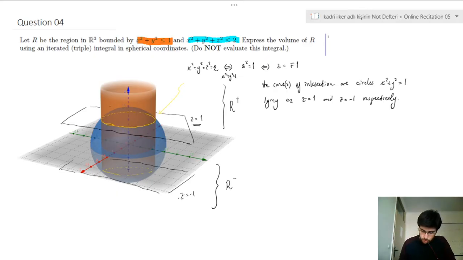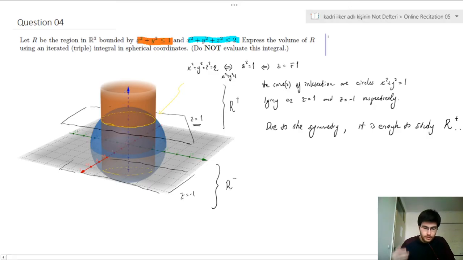Therefore, due to the symmetry of the picture, it is enough to study the R plus, the upper part. Therefore, the R plus is just the region.